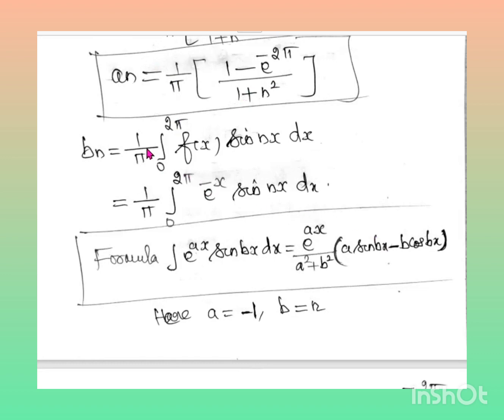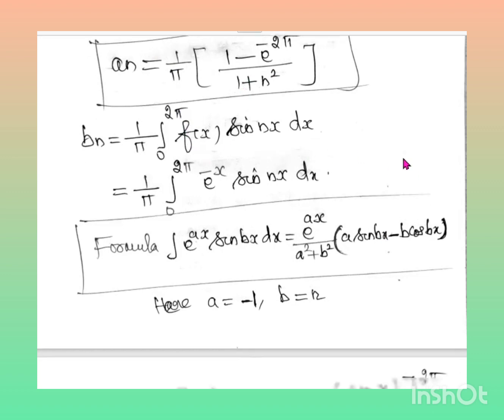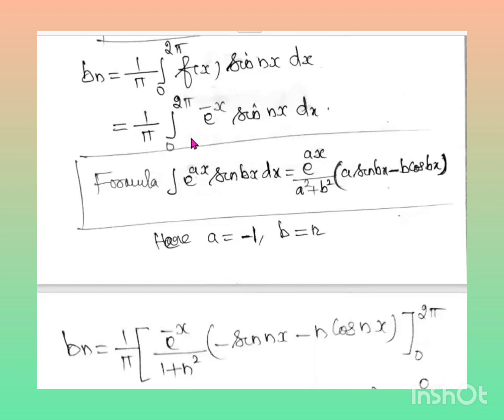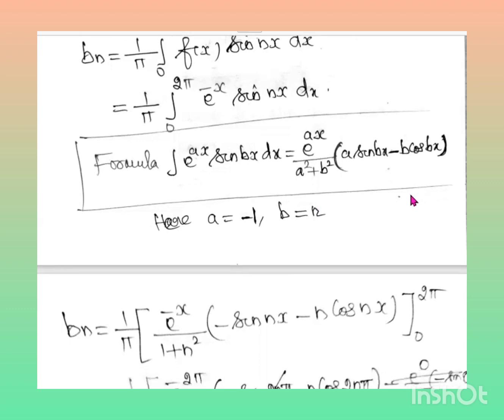bn = (1/π) integral over the limit 0 to 2π of f(x) sin nx dx, which is equal to (1/π) integral from 0 to 2π of e^(-x) sin nx dx. Here also a different formula: integral of e^(ax) sin bx dx is e^(ax) divided by (a² + b²) into (a sin bx − b cos bx).